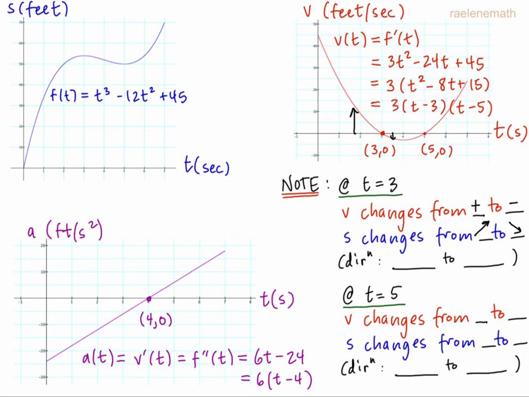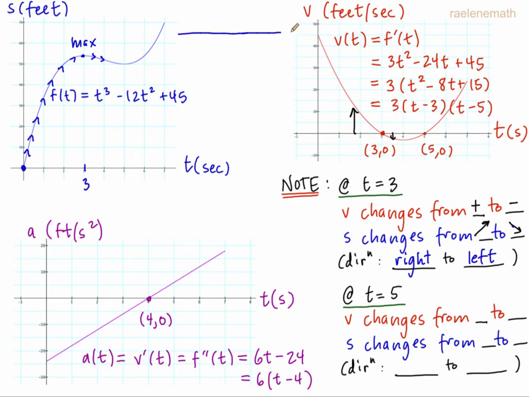And that means that the direction of the particle is changing from an increasing position, or moving to the right, to a decreasing position, which is moving to the left. And so at time equal to 3, the position is increasing, and then at t equal to 3, the position starts to decrease. So we know that we've reached some maximum position.